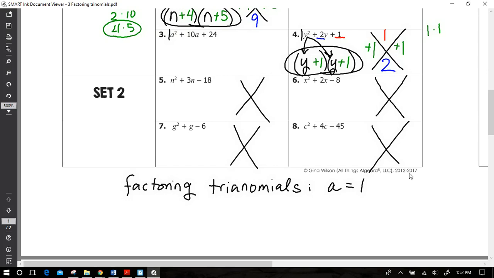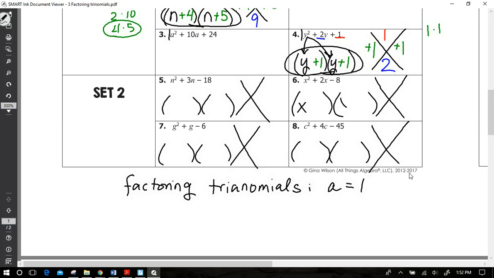Alrighty, and so I am just going to fill in a few of the answers here for you. But again, after you've had just a minute to try to solve them.